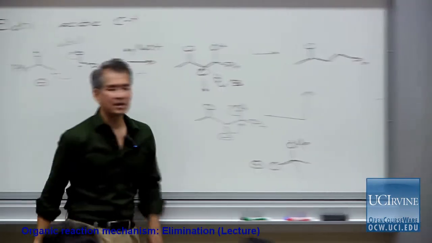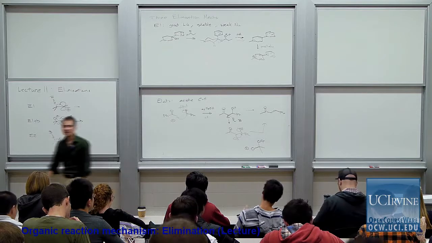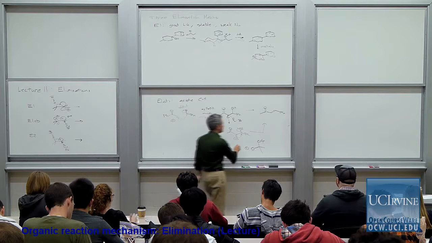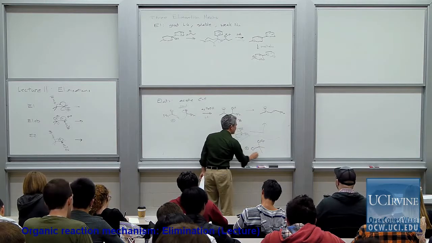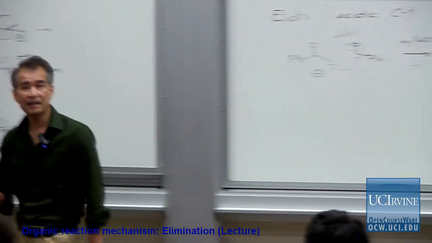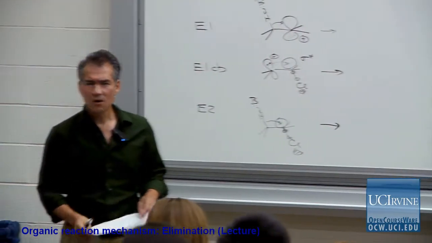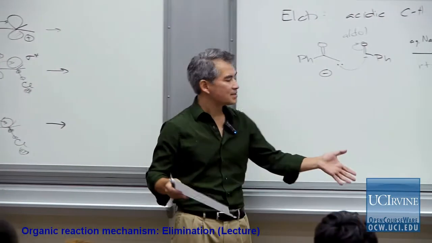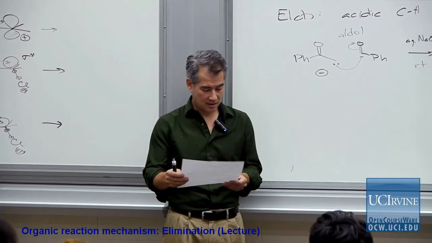Very frequently you'll run into intermediates that look like this in your reaction mechanisms. This is nothing more than an E1CB elimination intermediate, right? You already know that alkoxides can act as leaving groups when there's anionic lone pairs nearby, because you've done this over and over again when you've drawn out mechanisms for hydrolysis of esters under basic conditions.